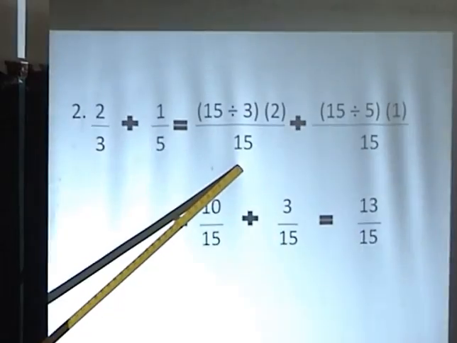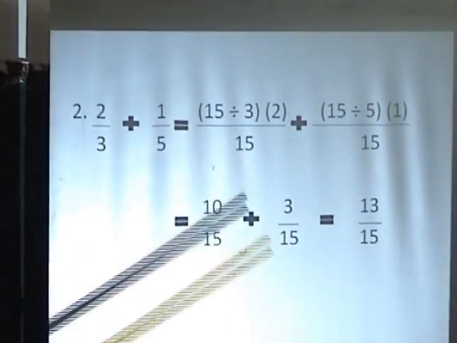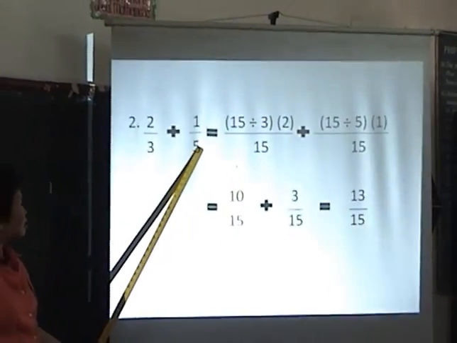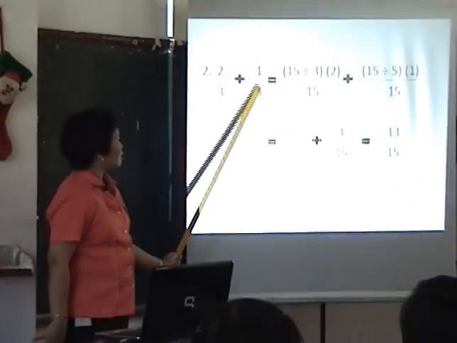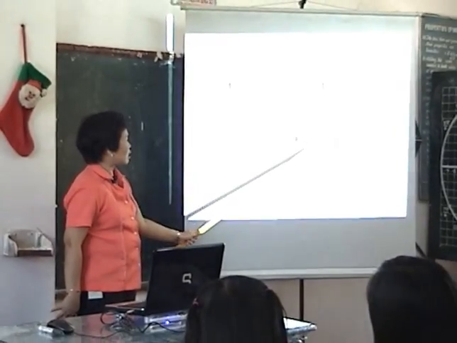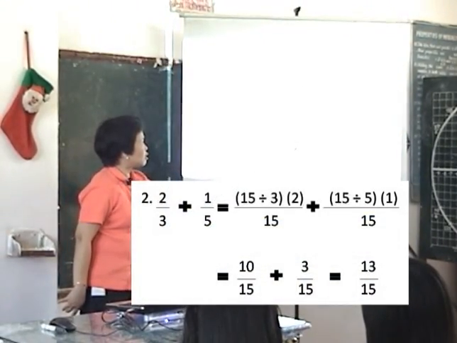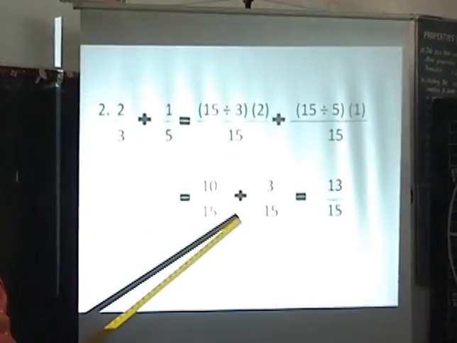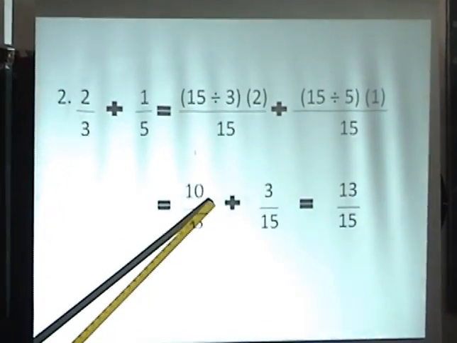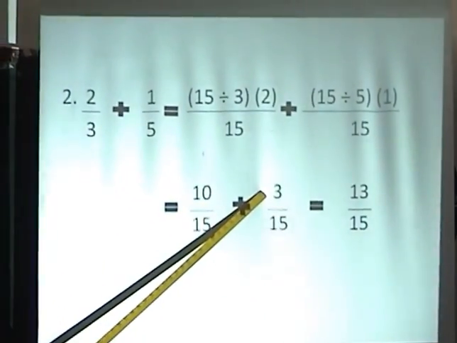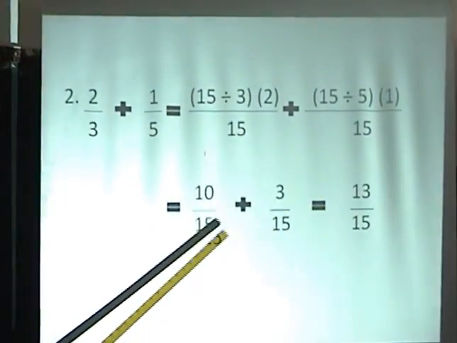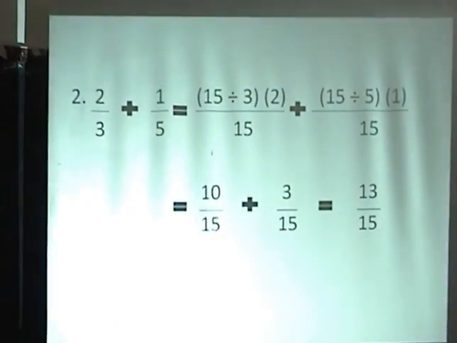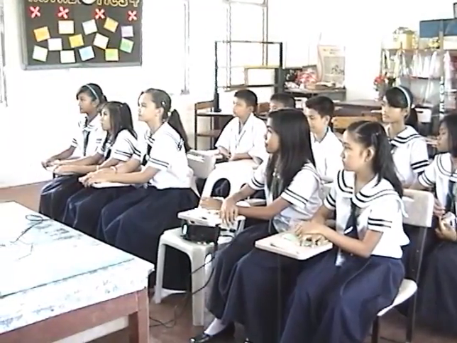We just copy the common denominator 15. 15 divided by 5 is 3 times 1 is 3. And then copy the common denominator, which is 15. So, we can now proceed in adding the numerators. 10 plus 3 is 13. And then copy the common denominator 15. The answer is 13 over 15.